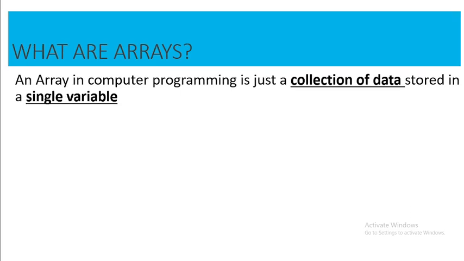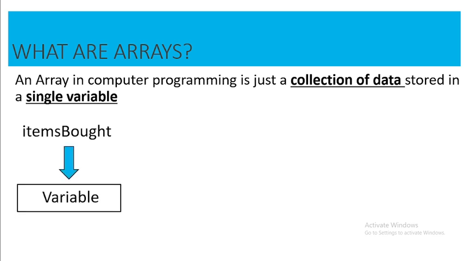An array in computer programming is just a collection of data that you store in a single variable. It is a collection of items, a collection of values, a collection of data. You store all this collection of data in a single variable.